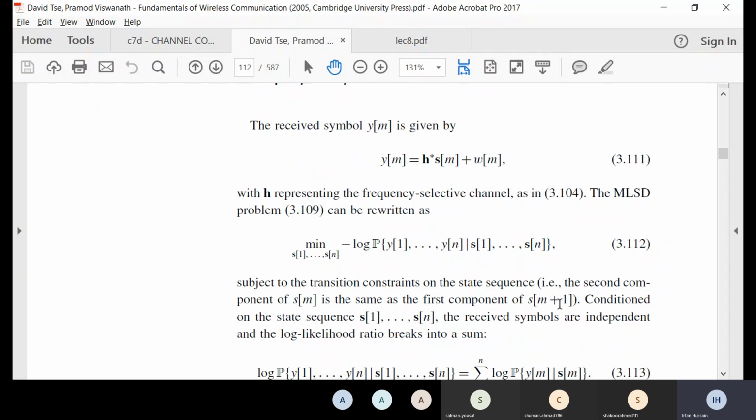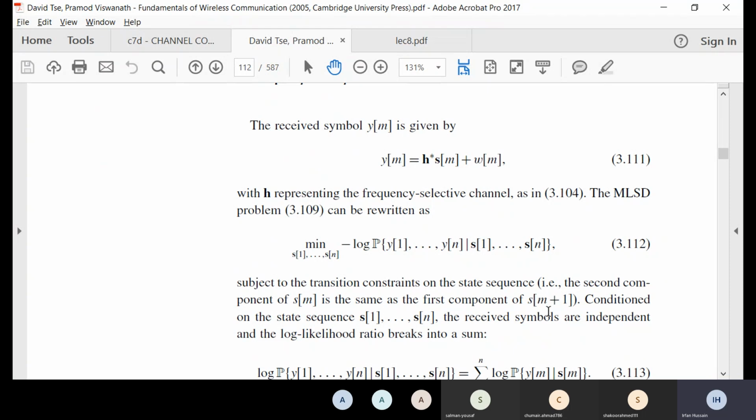So this symbol will, the second component of SM will be the first component of SM+1.